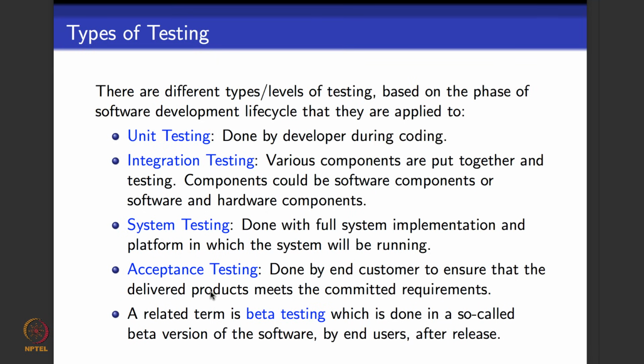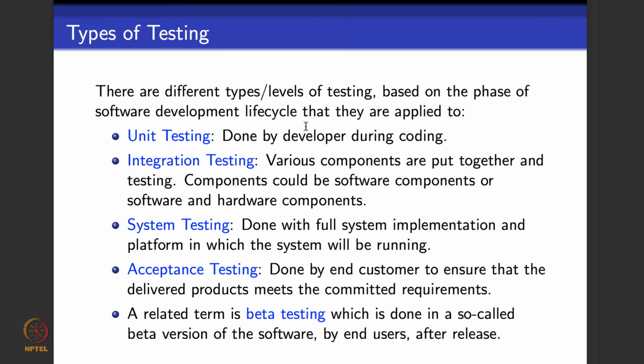So when I do testing throughout software development, at each stage of software development, I could do a different kind of testing. So there are various levels of testing based on which phase of software development I'm testing in. The first testing that I do is called unit testing. Unit testing is typically done by a developer.